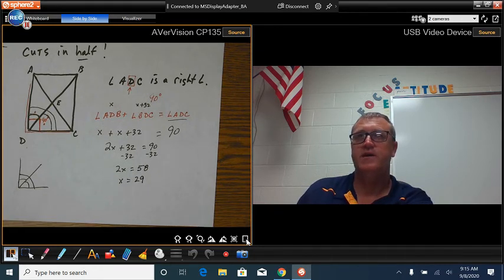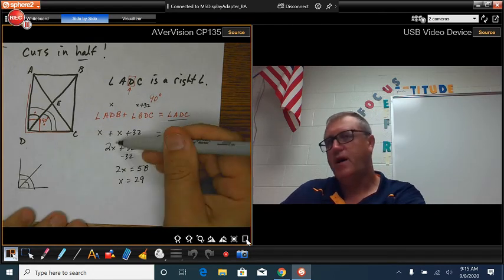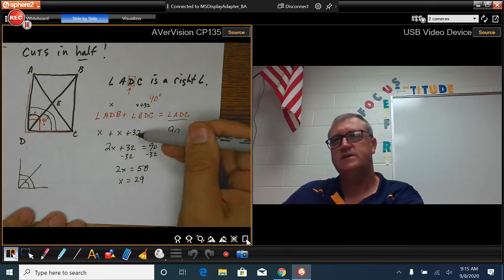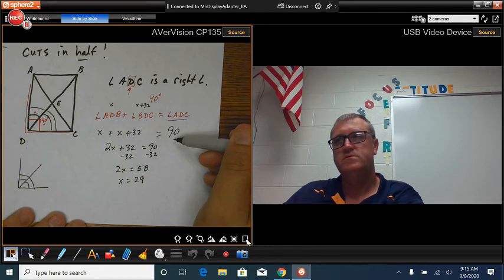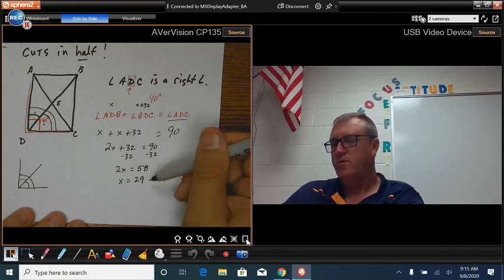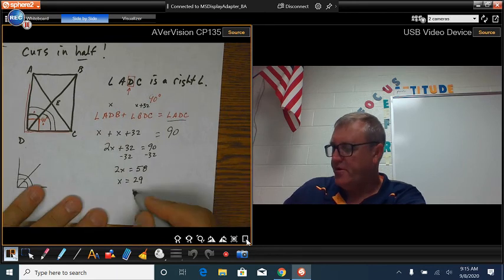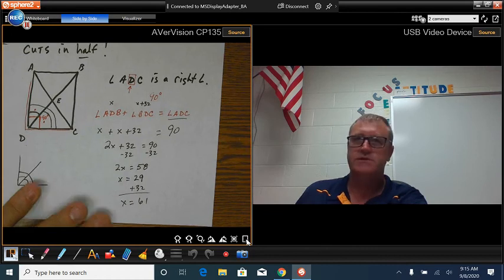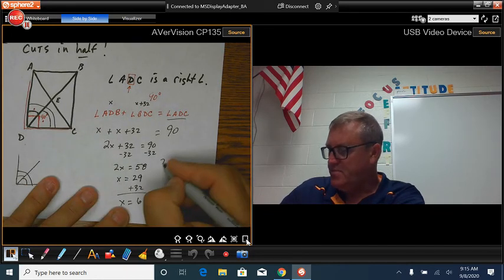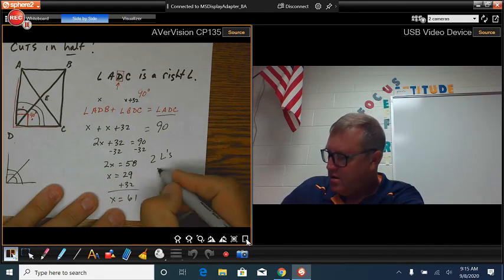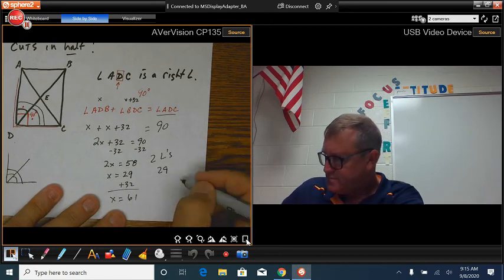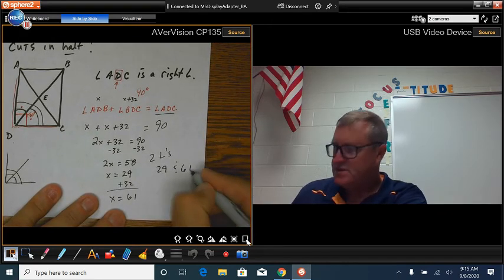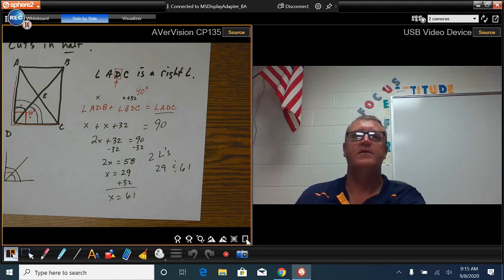Remember how to do all that algebra, Riley? Be honest. Have to combine like terms, gotta subtract it, isolate the variable. Once I know what x is, I add 32, and I get the other angle, which is 61. So the two angle measures are 29 and 61, because they have to add up to be 90.